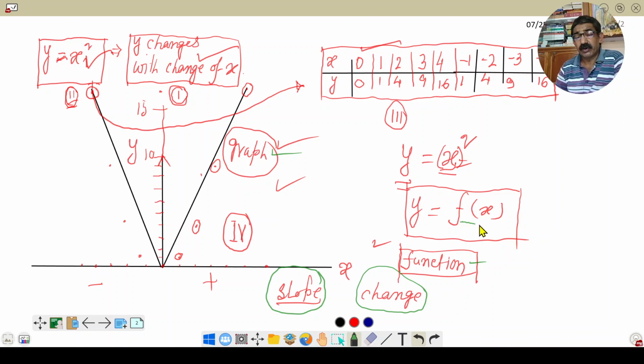Y is equal to f of x, or function of x, when y is dependent on x. Though I have already mentioned, there is a more concrete idea according to mathematics that is quite different from this idea, and that is beyond our scope now. Actually, we are going through another road. Our road has been bifurcated.